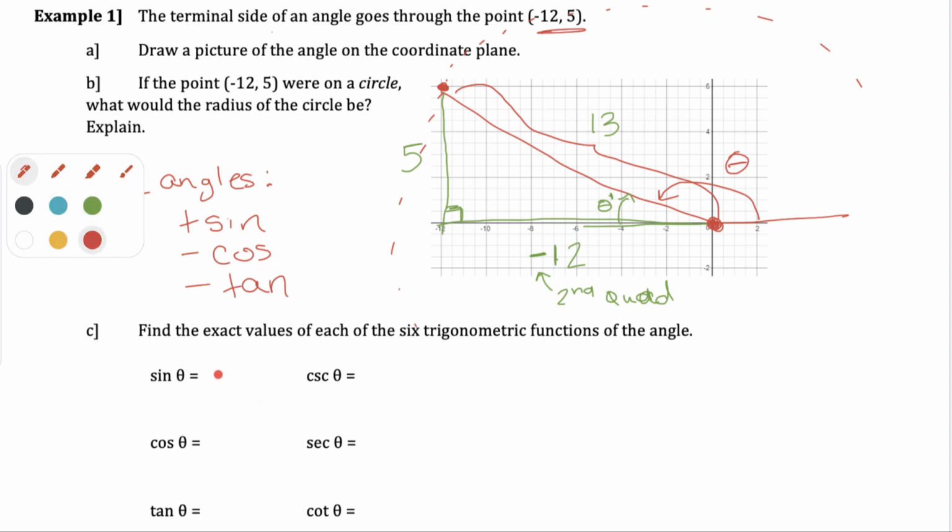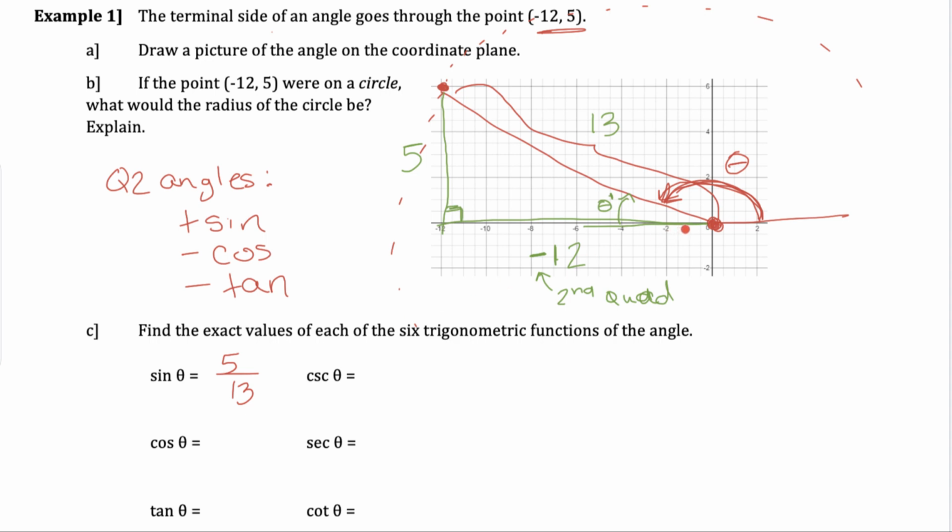Okay, so the sine of angle theta, which is big angle theta, we can calculate using the reference angle theta prime, and again, making any adjustments for the quadrant that we're in. So the sine is still opposite over hypotenuse as it always was, and in this case they are both positive, because in the second quadrant, the opposite side is essentially our y value, and that's a positive number.